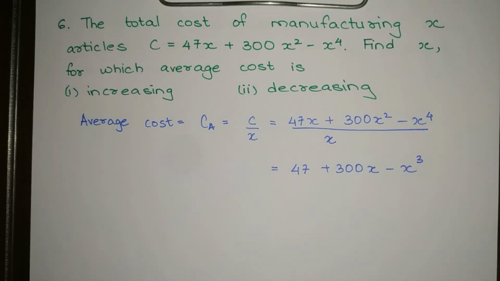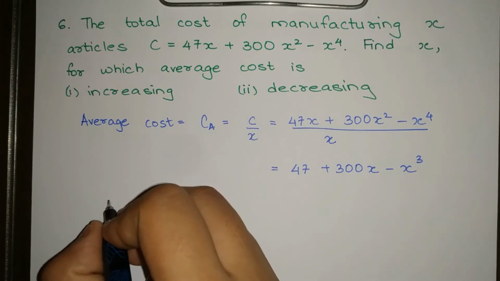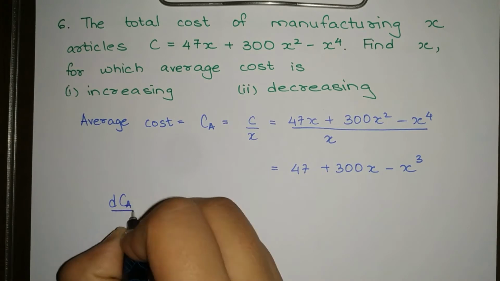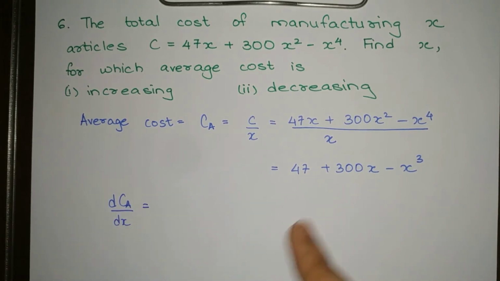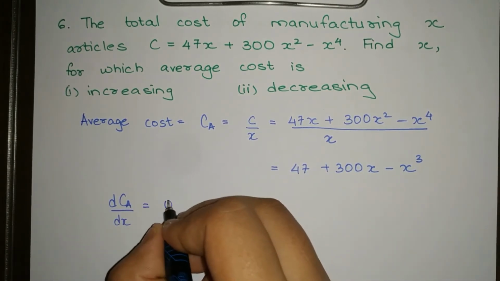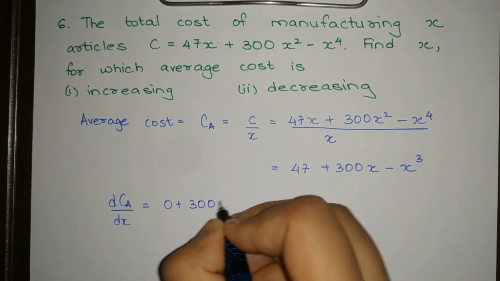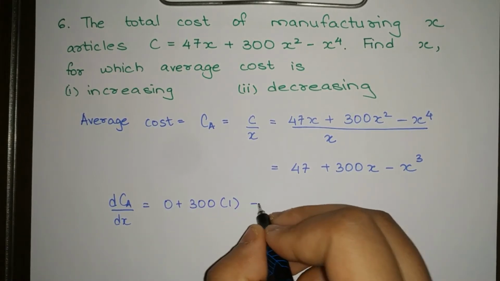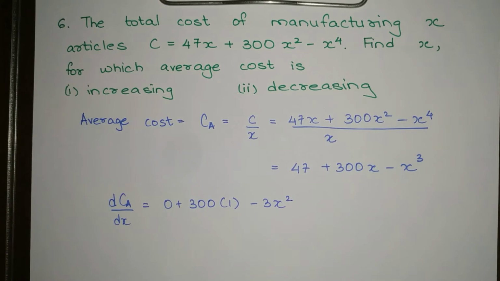We have to find where this is increasing and decreasing. मतलब इसका डेरिवेटिव लेना पड़ेगा. Now dCA by dx is equal to, इसको x से डिफ्रेंशिएट करो तो 0 plus 300 into 1 minus 3x square. Okay.